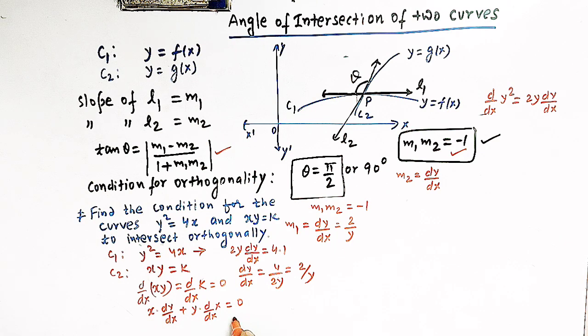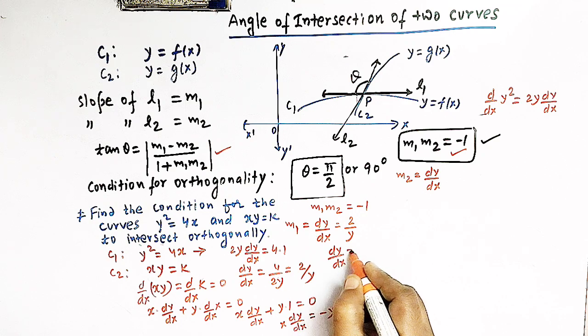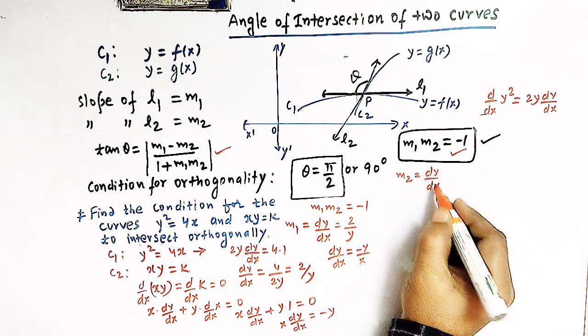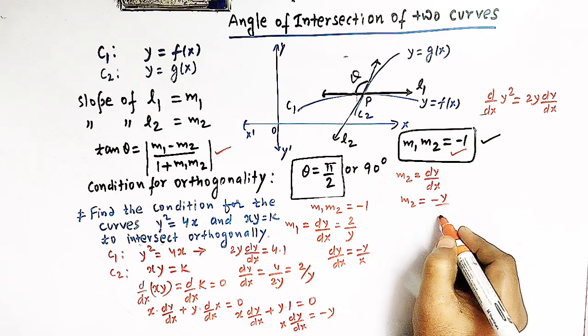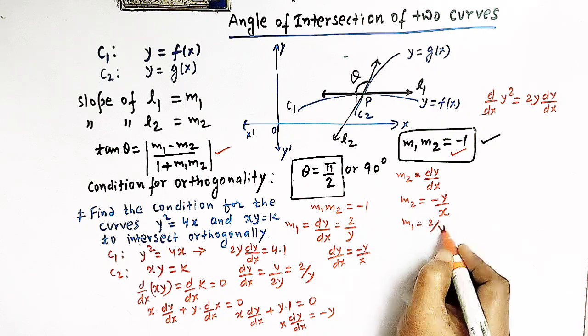So from here we can now write x dy over dx plus y times 1 is equal to 0. So we can now write x dy over dx is equal to minus y, taking this y to the right hand side, and dy over dx is equal to minus y over x, right? So now the value of m2, which is dy over dx, is given by minus y over x, and m1 is given by 2 over y.